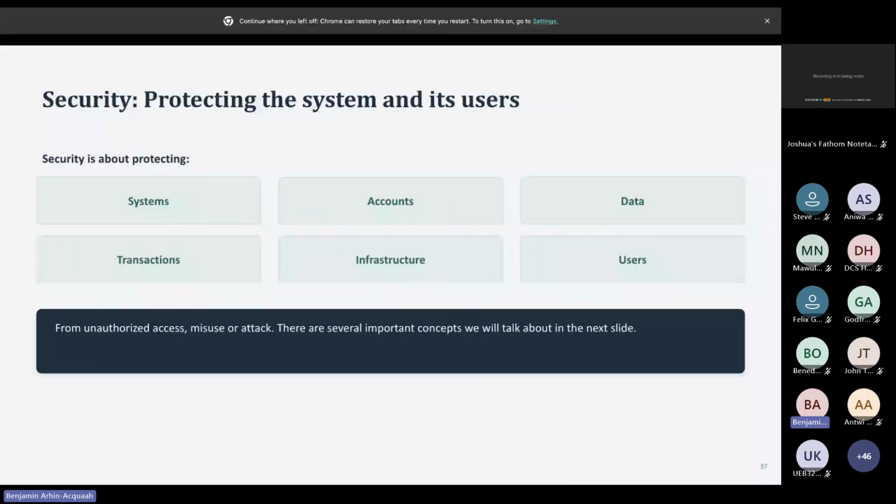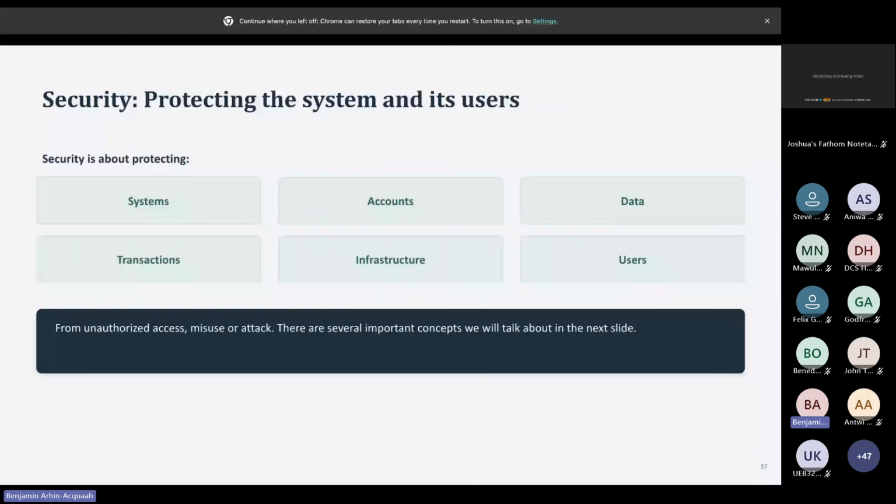That's why I say we need more perspective. You can see my example here. I don't have that as a part, but that is also a very valid security concern. So security is essentially about protecting systems, accounts, data, which will fall under, like what Molly said, transactions, infrastructure, and users.